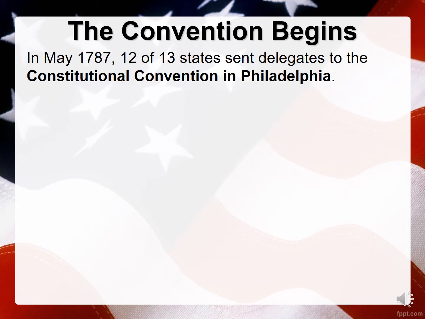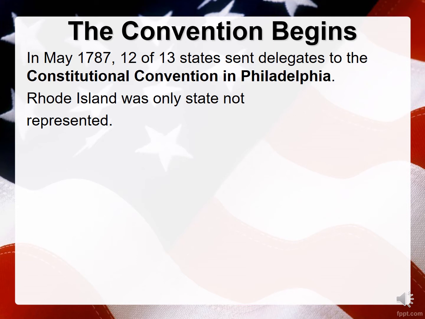Does anybody have any idea which state did not send a delegate? If you guessed Rhode Island, you are absolutely right. Rhode Island did not send a delegate to the Constitutional Convention because they were pretty afraid of what may happen if this convention was successful in creating this new strong government, because they had a pretty huge independent liberty streak across their back.